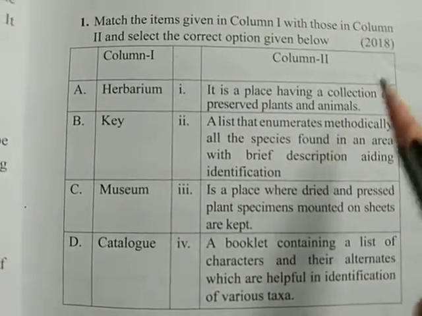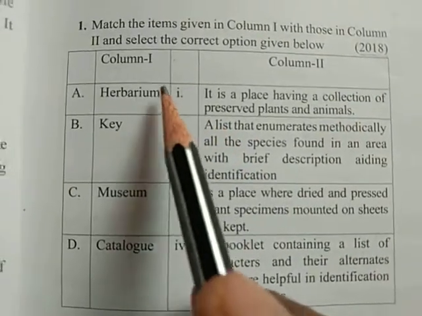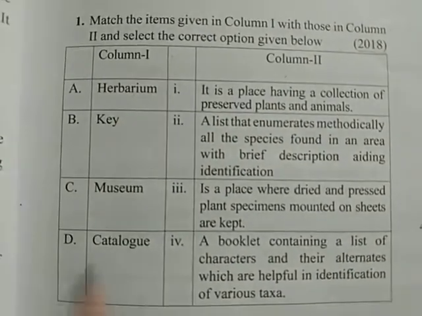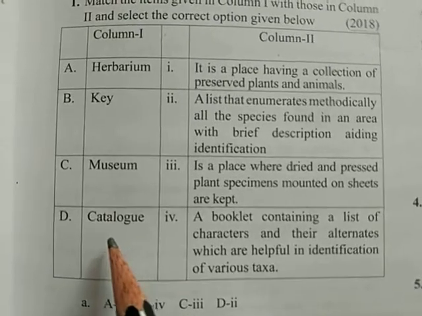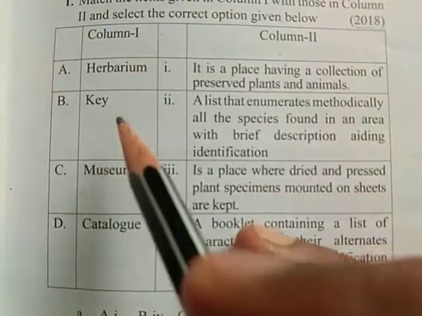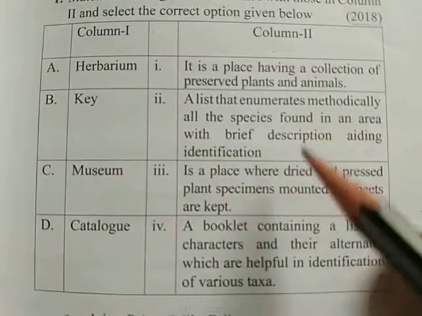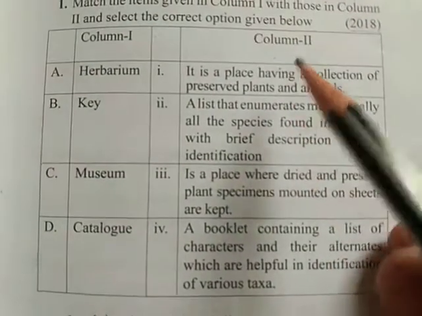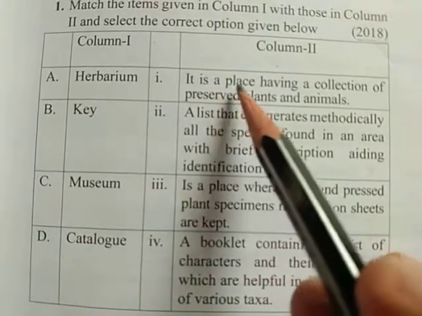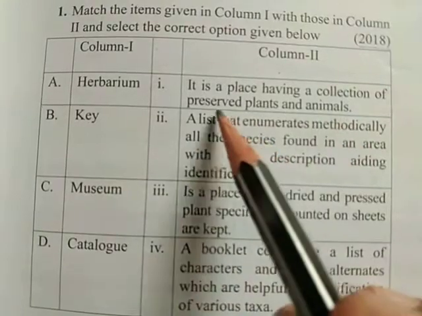Looking at the past year question paper, 2018, column 1 and column 2 are given: herbarium, key, museum and catalog are the taxonomical aids, and their meaning is given in this column, right? What is given in the first one is a place having a collection of preserved plants and animals.